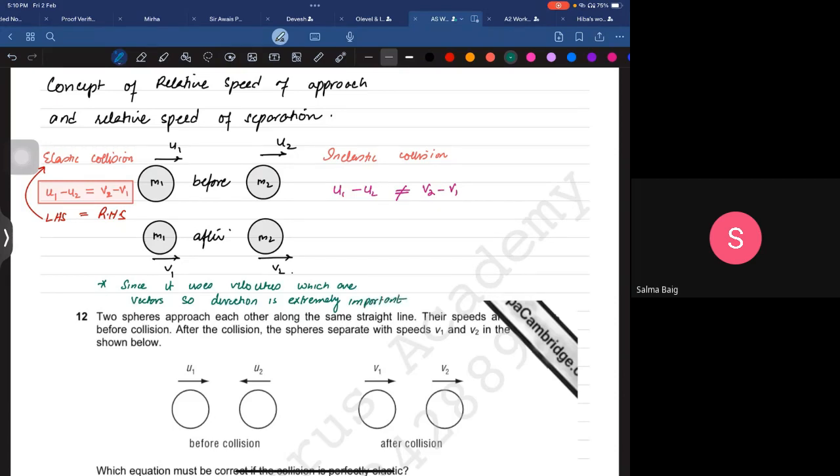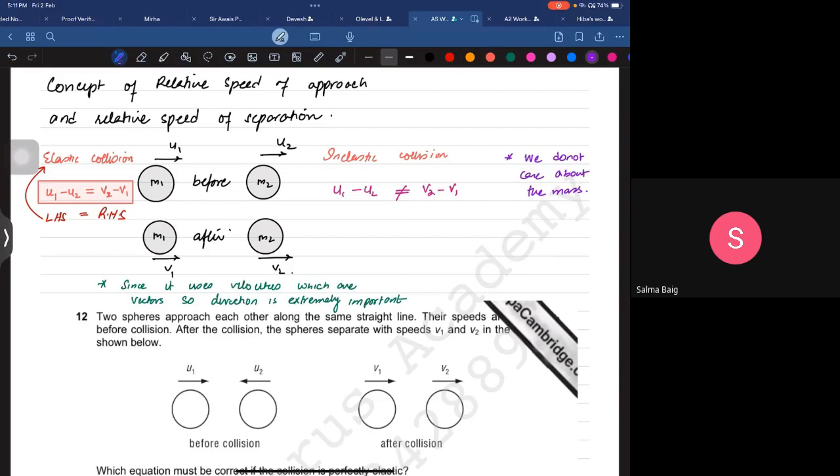When you're looking at the directions, you need to understand that in these equations we do not care about the mass. That is the beauty of it: it will give us that answer without ever needing to know the mass. So that's it.